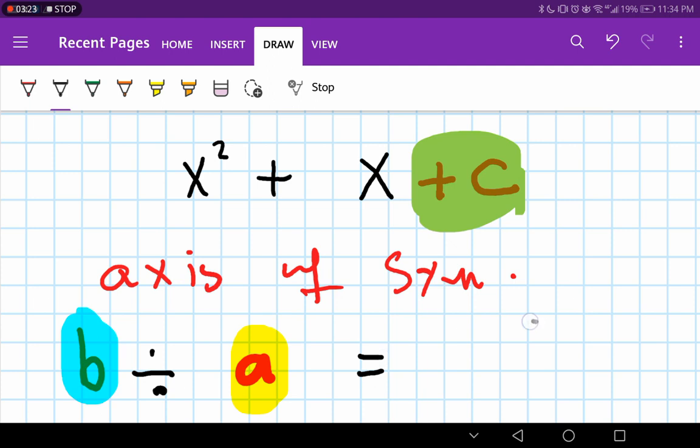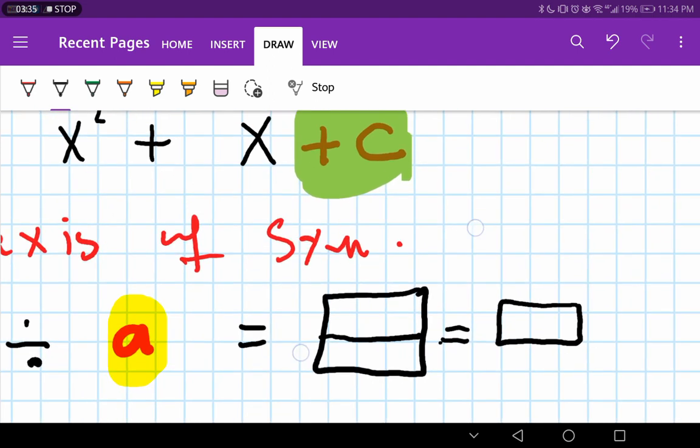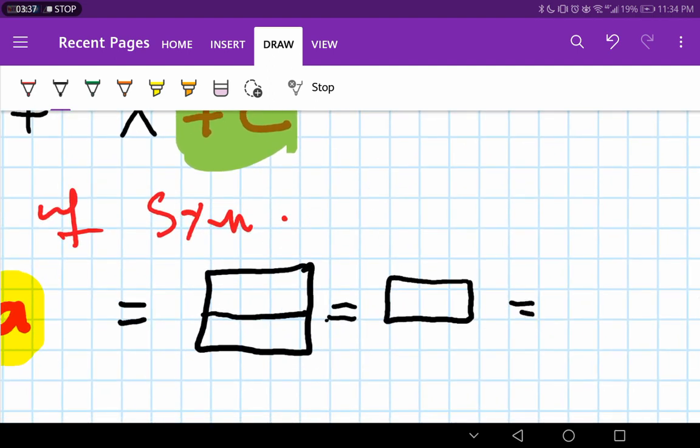Then find it. After that, you cut it in half. You take the half of this number. Then you switch its sign.